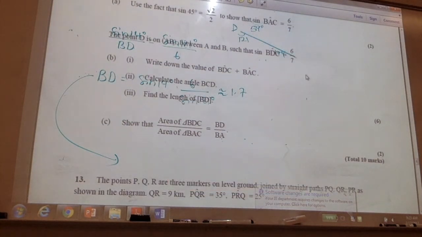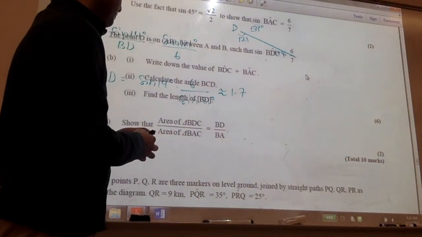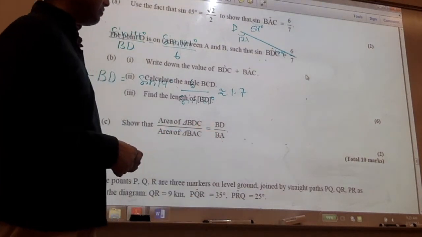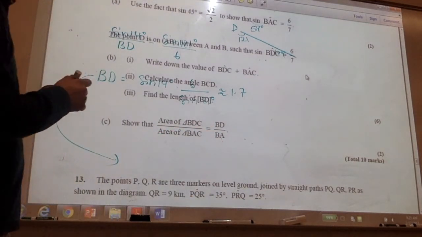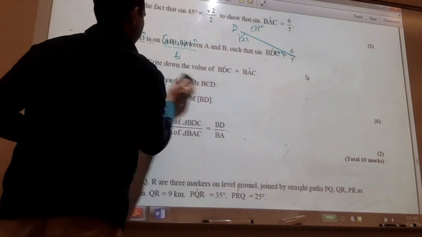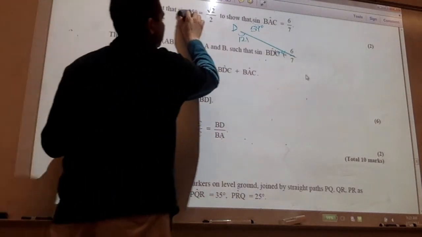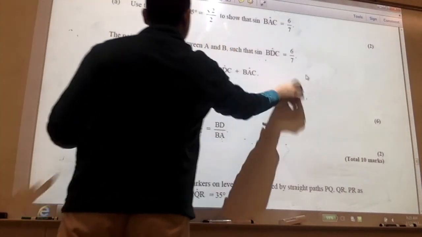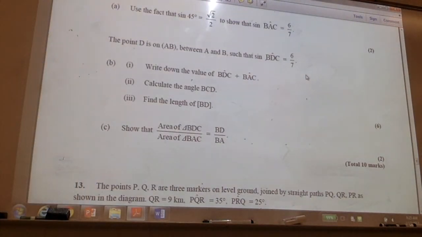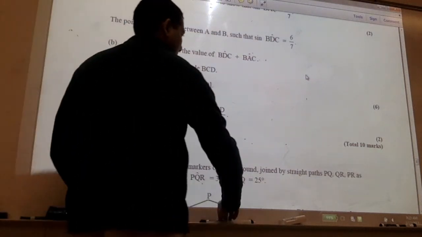The last one: show that the area of triangle BDC over the area of triangle BAC is equal to BD over BA. Okay, let's see the triangle. I'm going to draw the triangle here.